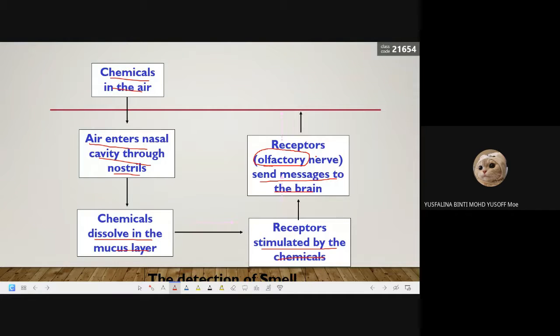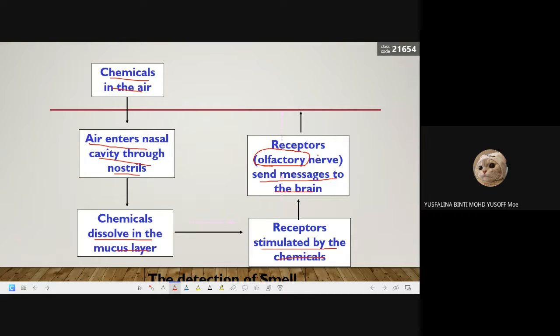So it's different. Let's say for ears, we call it the auditory nerve, right? So every part of the sense organ has its own name for the nerve. For smell, we call it the olfactory nerve.